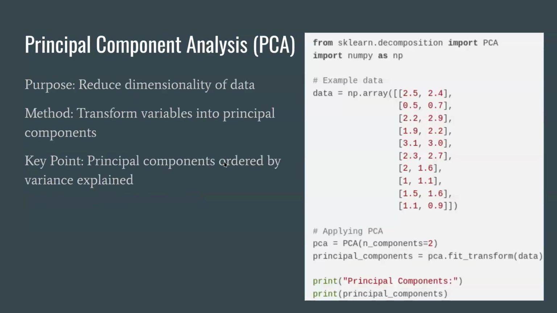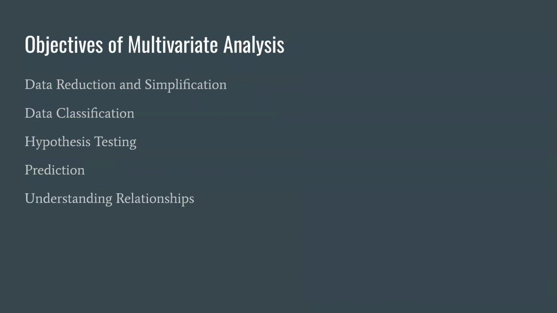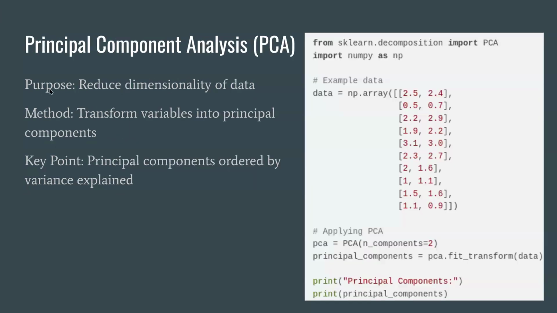Now let's look at principal component analysis, which is also called PCA. PCA is a technique used to reduce the dimensionality of data while retaining most of the variation. If you look at the previous slide, this corresponds to the first objective, which is data reduction and simplification.